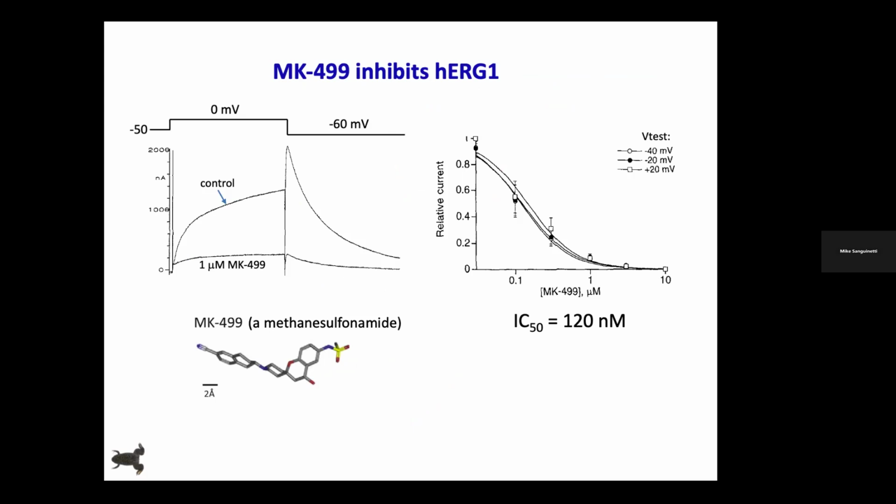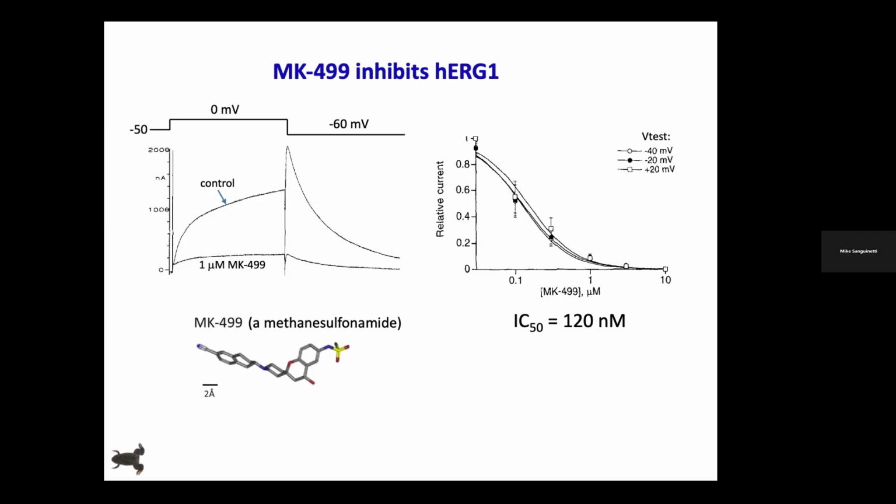We then went on to show that these methanesulfonanilides, like MK499, inhibit HERG current just like IKR in myocytes. Shown here is current at 0 millivolts after drug, and the dose response at different test potentials. The IC50 is about 120 nanomolar. That's in oocytes.